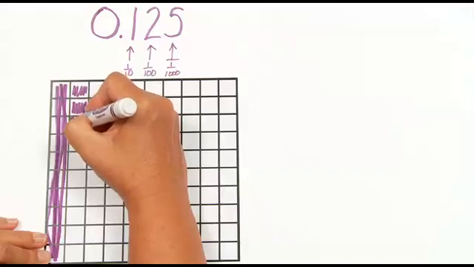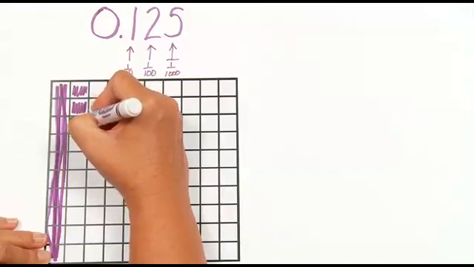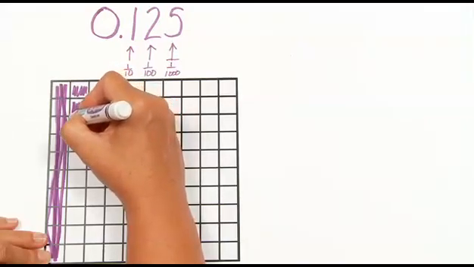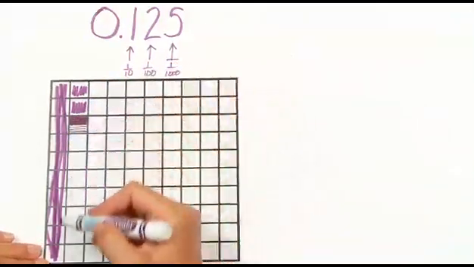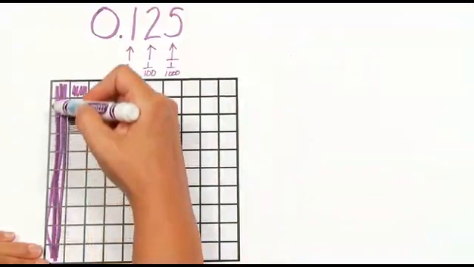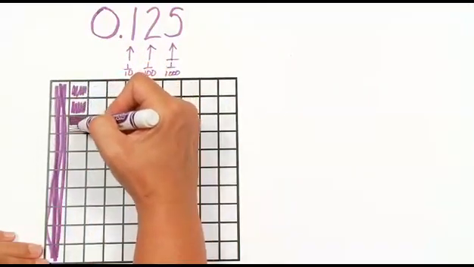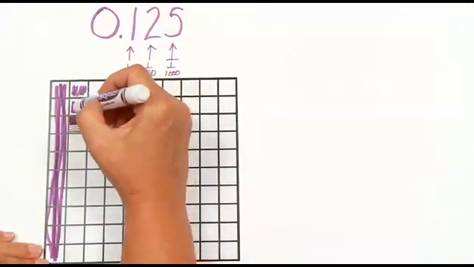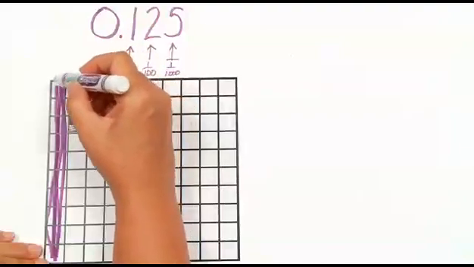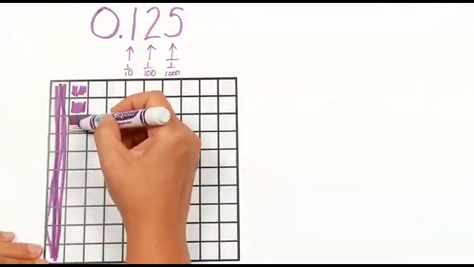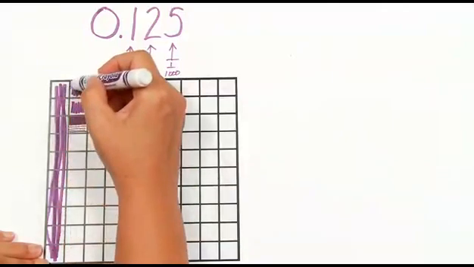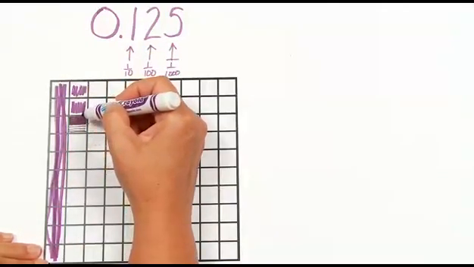And I know that that will be a half of that square. So we see that we have 125 thousandths. If we imagined all of those little squares all divided up in the same way that we did here, we would have 125 of them.